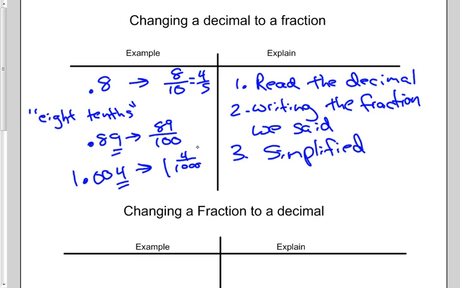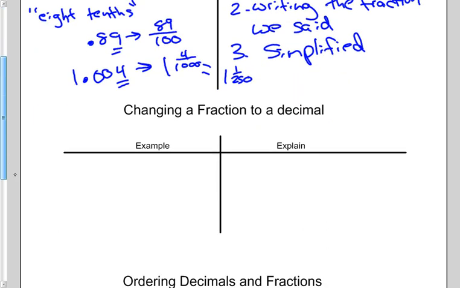So again, this decimal and this fraction, we would read exactly the same. And then I can simplify this. I can divide by 4, divide by 4. So I would end up with 1 and 1 over 250. So that is how you change a decimal to a fraction. Simply read the decimal, write the fraction that you just said, and then simplify your answer.